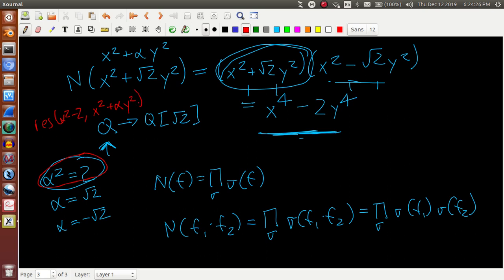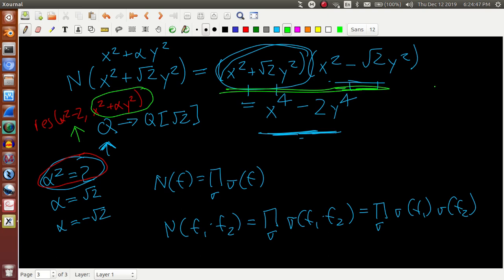This is the calculation we're doing. We're doing this resultant calculation, and what that gives us is this whole thing here. It gives us, in this case, this polynomial evaluated at all the roots of this polynomial, which is exactly what we're trying to calculate here.